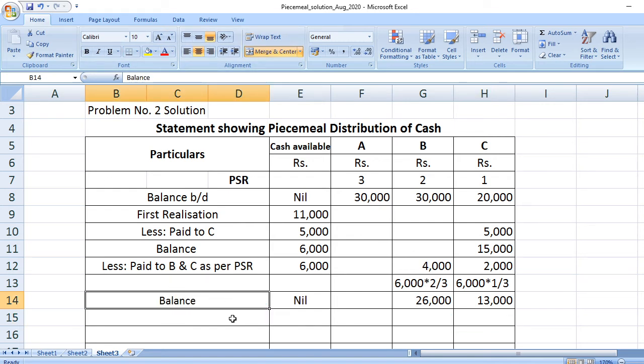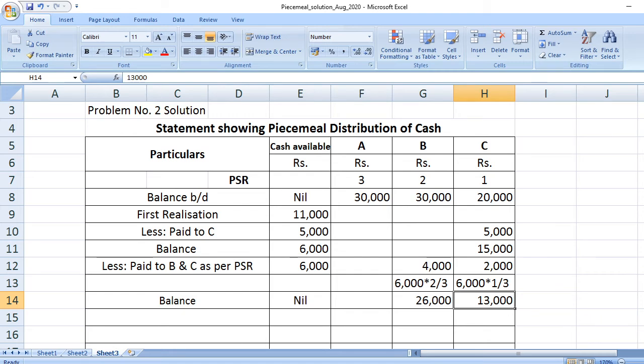After payment to B and C of 6,000 amount, B received only 4,000 as per his profit sharing ratio, and C received 2,000 as per his profit sharing ratio. Now the rest of this amount we deducted from their balances brought down, and the remaining amount is 26,000 and 13,000.